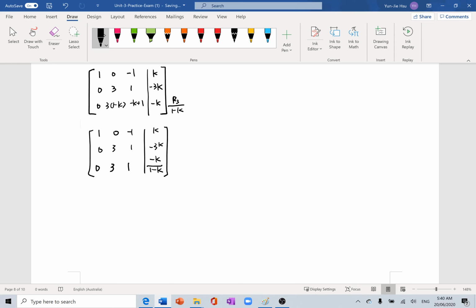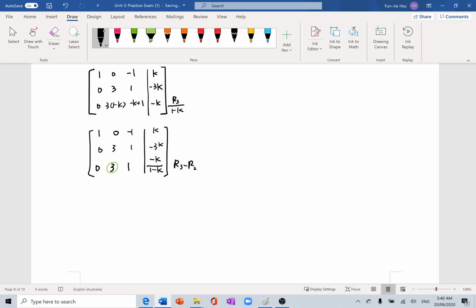Okay, now I want to make here become 0. So I do what? Just minus row 2. So we can do row 3 minus row 2.